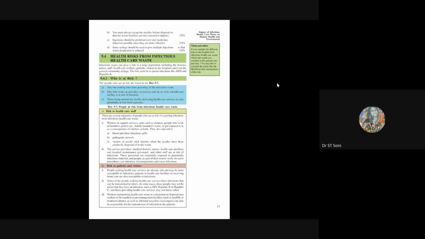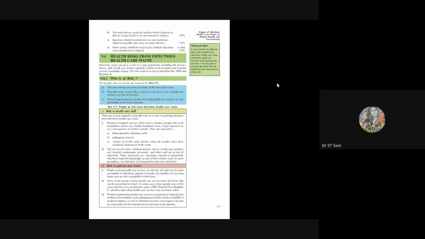And risk to the patient and the visitor, definitely, because unknowingly they will be put at risk, because they are not aware. Because of their unawareness, they will be put at risk. They don't know, and they are the victims of it.